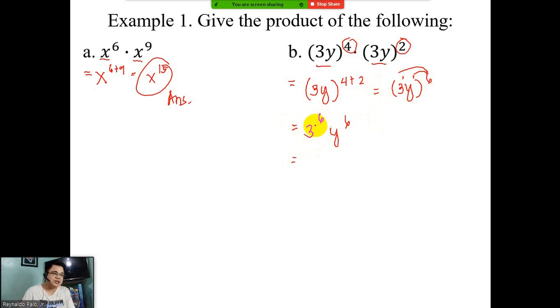Then you still need to simplify 3 raised to the power of 6, which is equal to 729 y raised to the 6th power. So this is now the final answer. For as long as the whole number is raised to the exponent, you need to simplify it to get the final answer.